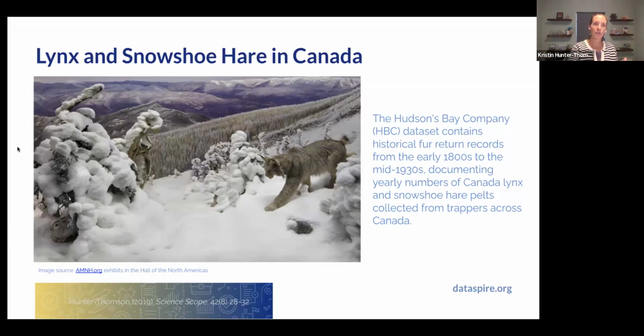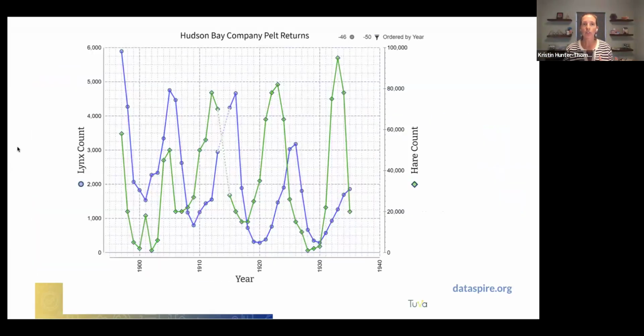Let me showcase the data. So here is a plot of the data. We're looking at years, from the late 1800s to the 1930s. The purple circles and purple line relate to the lynx count, on our left y-axis, our vertical axis.